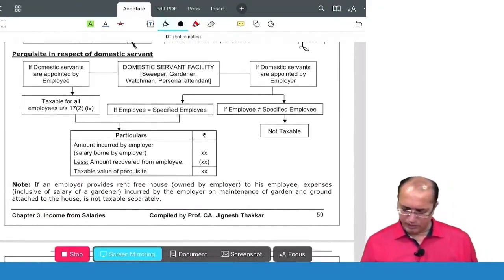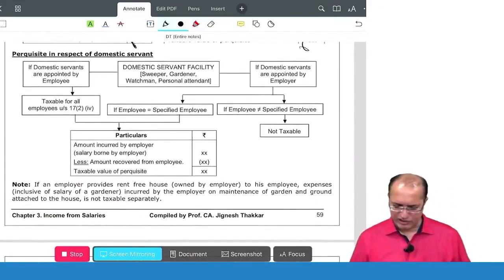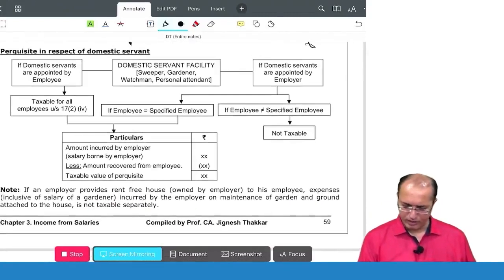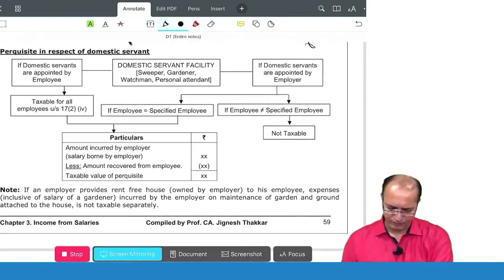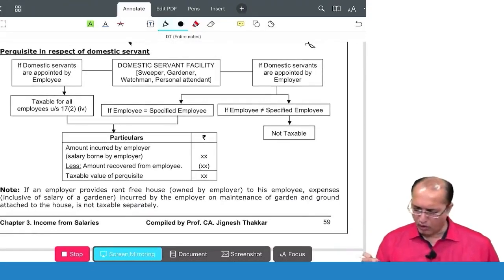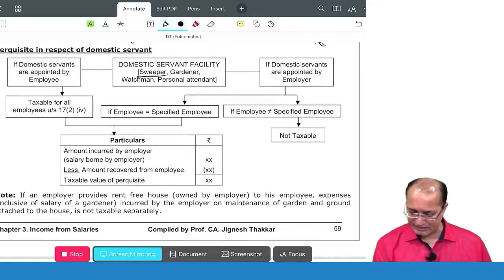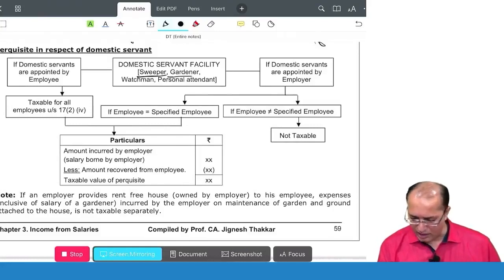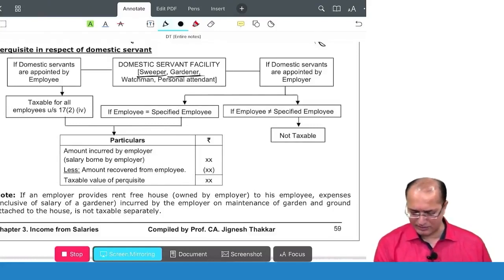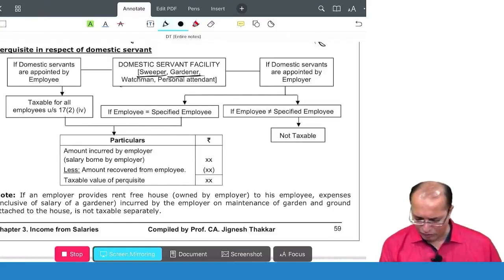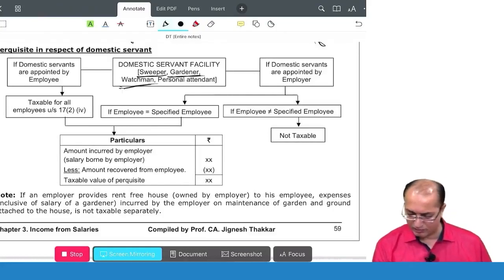Next is point number 2, domestic servant facility. First of all, who all are covered by the term domestic servant? Number 1, sweeper is considered a domestic servant. Gardener is considered a domestic servant. Security guard, watchman is considered a domestic servant.